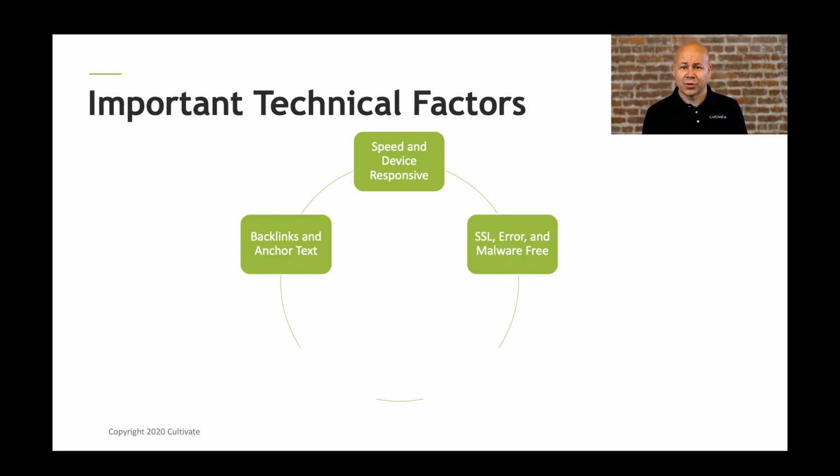We also want to make sure that your site has SSL. This is a little lock that appears in the top corner of your browser address bar. It tells people that your page, your site is encrypted and uses an SSL certificate. What this does is it encrypts the traffic between the user's browser and the web server itself. It only provides a very basic amount of security for your site.